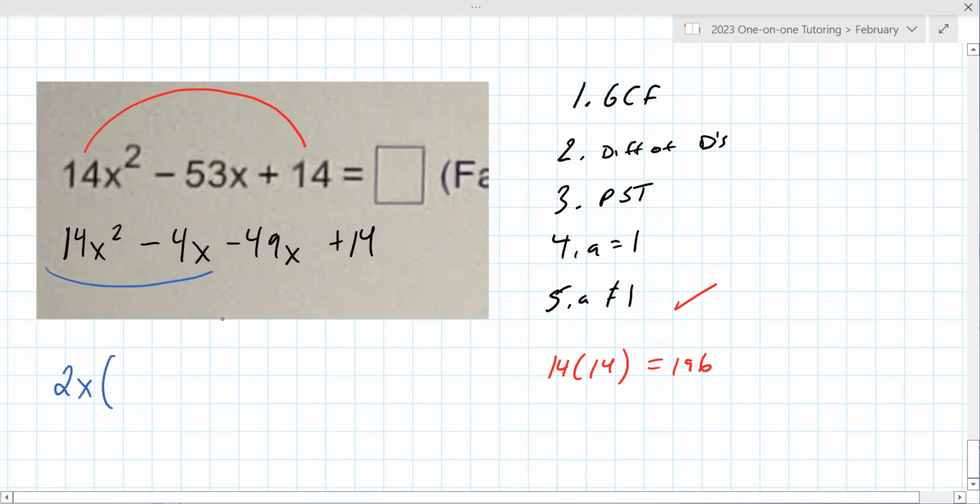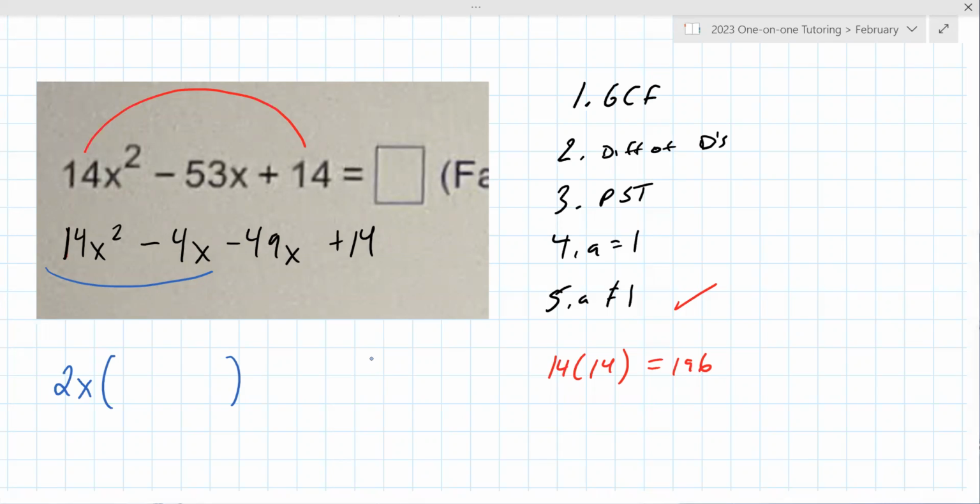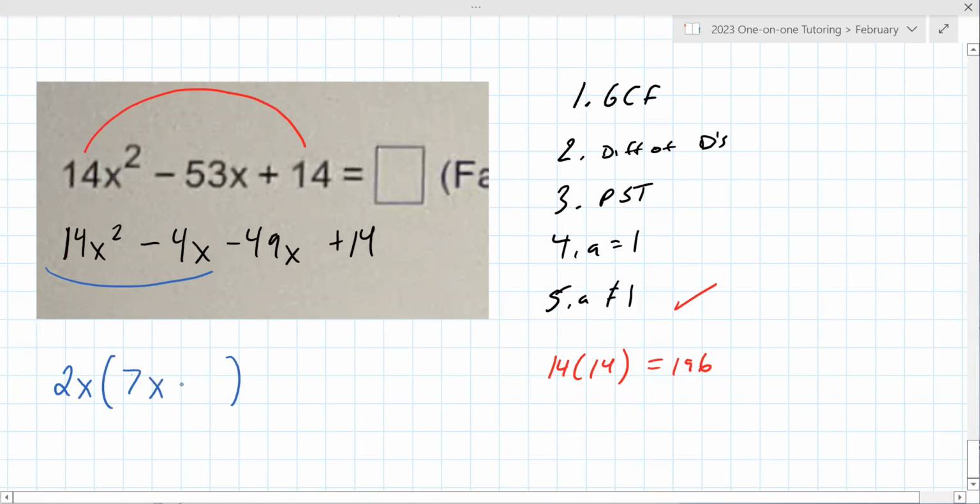2x. Yep. 2x, and in parentheses 7x minus 2.